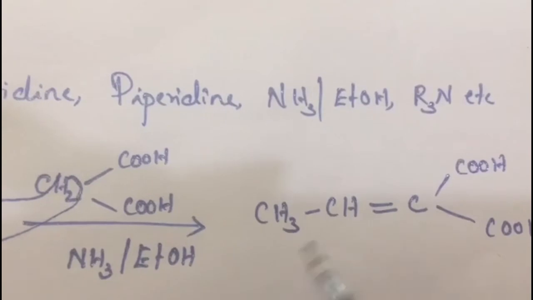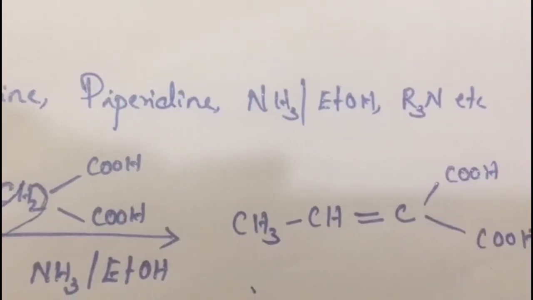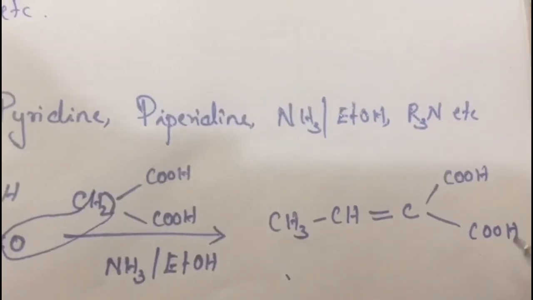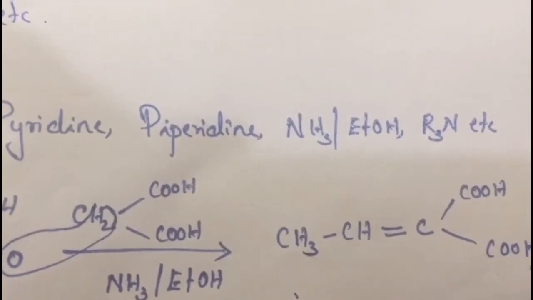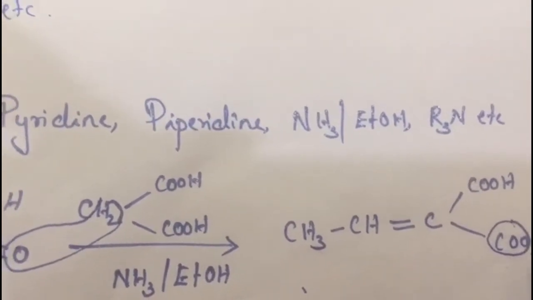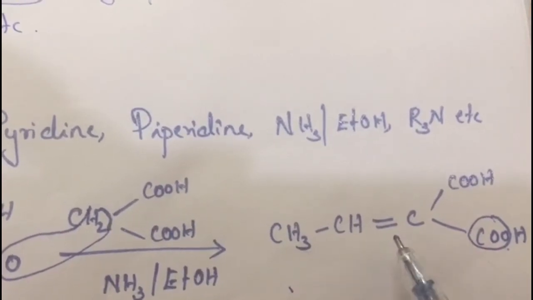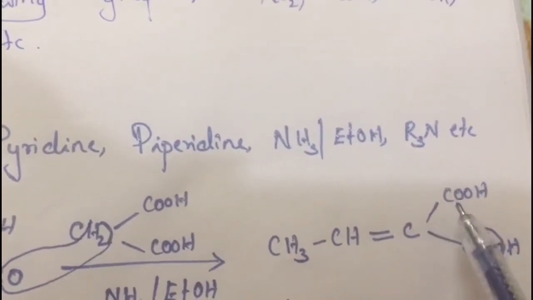Here this is the product formed. Next step is decarboxylation, or removal of carbon dioxide. Here CO2 will be removed from this product, and the compound formed will be CH3CH=CH COOH.